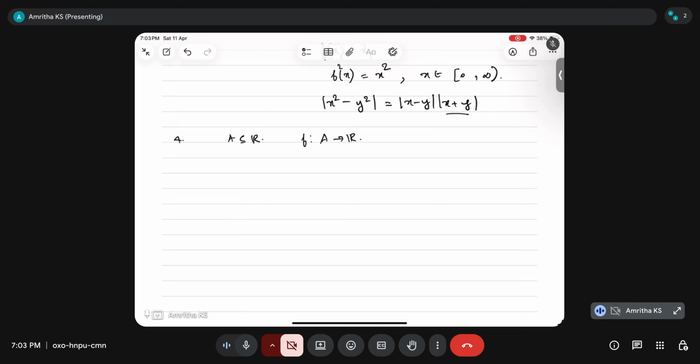That is, for each epsilon greater than 0, there exists a function g epsilon from A to R such that g epsilon is uniformly continuous.